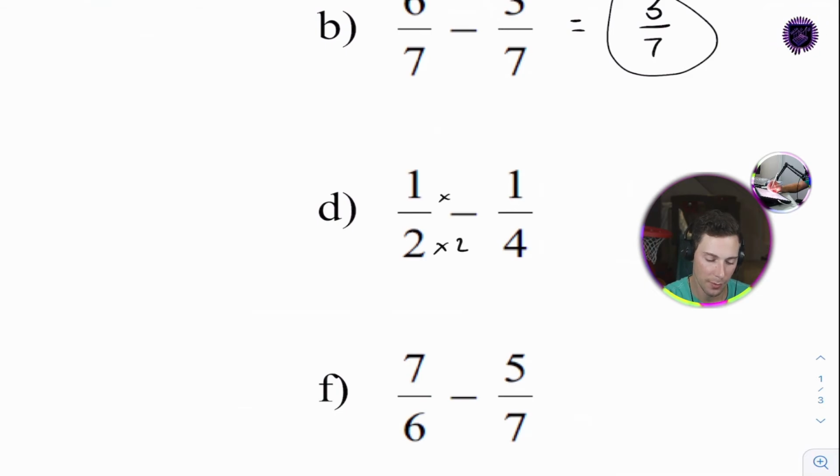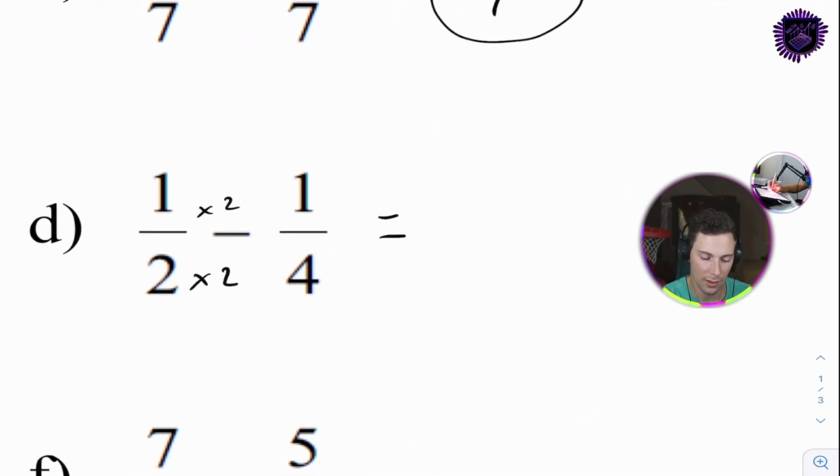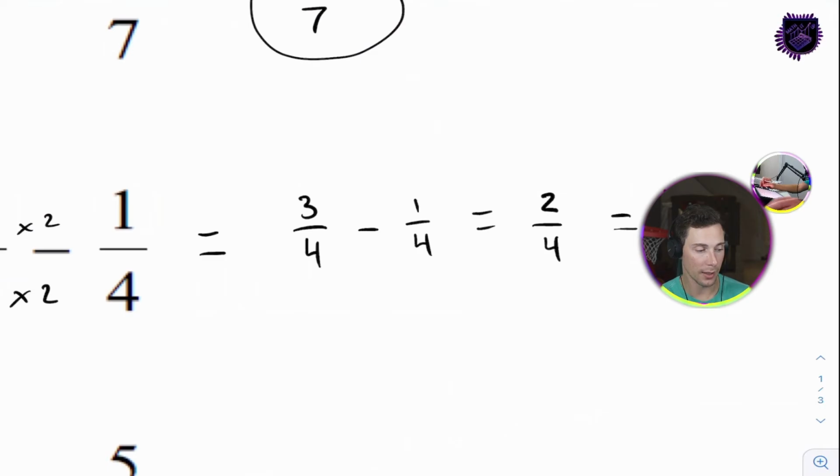Multiply by 2 on top and the bottom. Write our equivalent fraction, which is going to be 3/4 minus 1/4, which is going to equal 2/4 or 1/2.